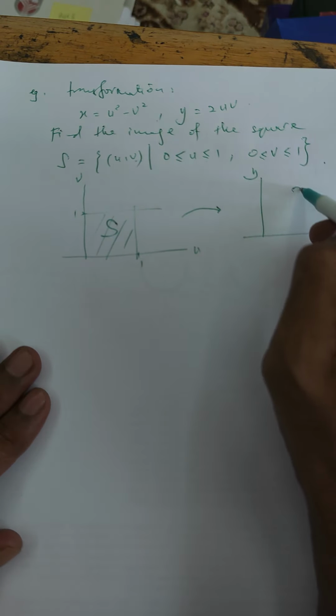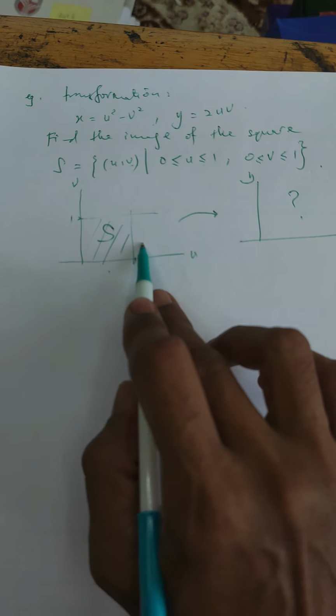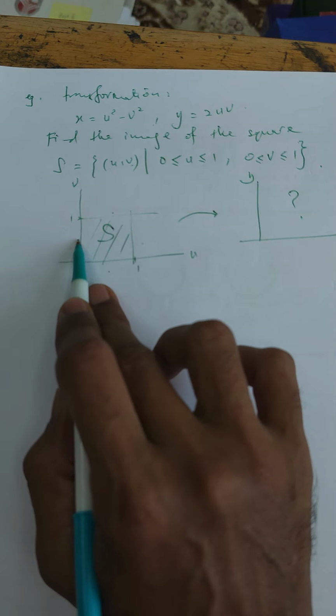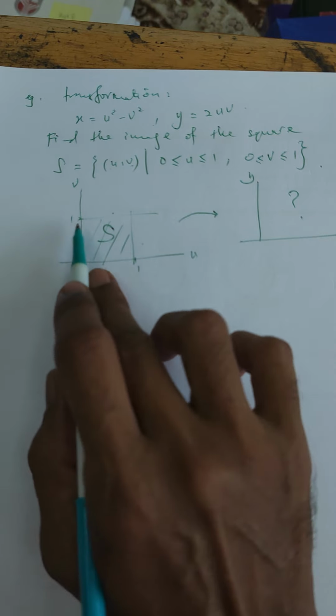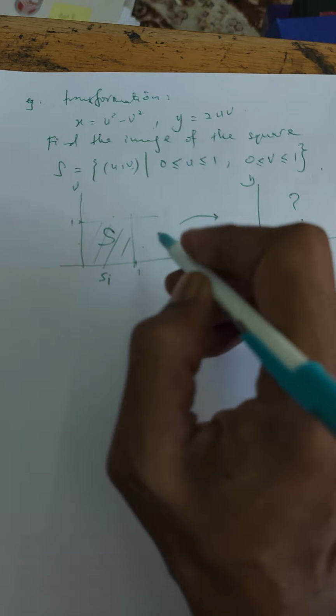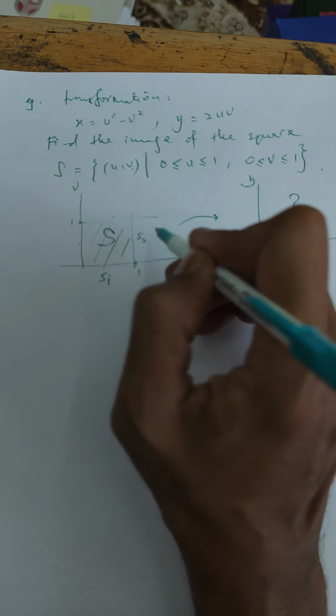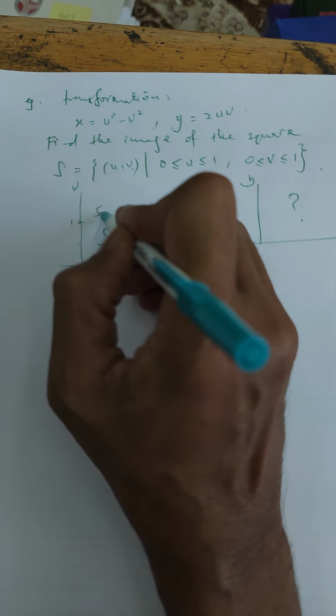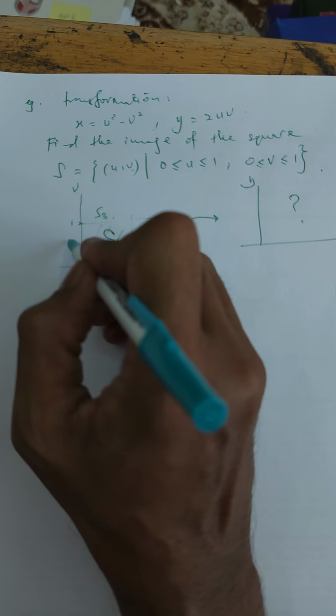So what does this region look like in the xy plane? In this case, we need to consider each of these edges. Let's consider this as S1, this as S2, this as S3, and this as S4.